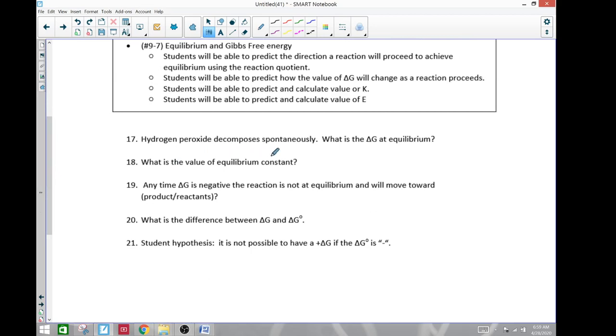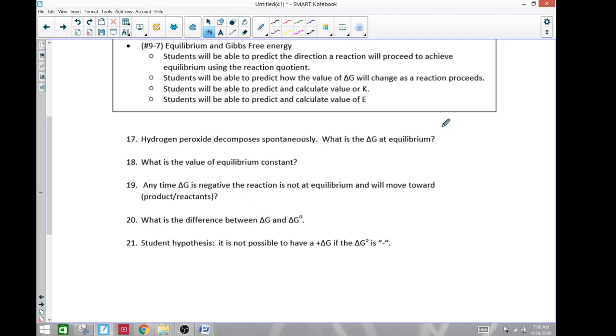Hydrogen peroxide decomposes spontaneously. What is delta G at equilibrium? In this case, we must have all the information for this already. I think we solved it out here. I'm going to do it again quickly just because I can. I'm going to use the delta G values for this. So we're just running some equilibrium calculations through here.